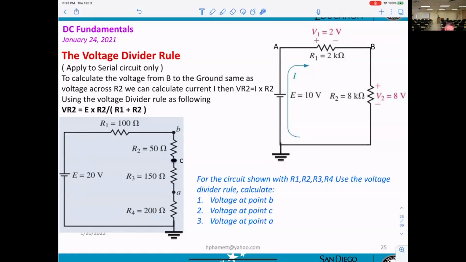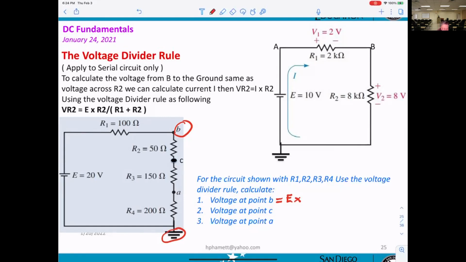So now, who can tell me the voltage divider at B equals what? First thing you say is E, right? Times what? R2? If you multiply by R2, that does not mean from here to ground. The voltage from B to ground will be the voltage drop across R2, R3, R4.